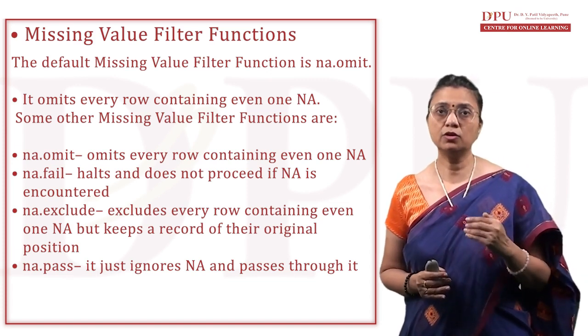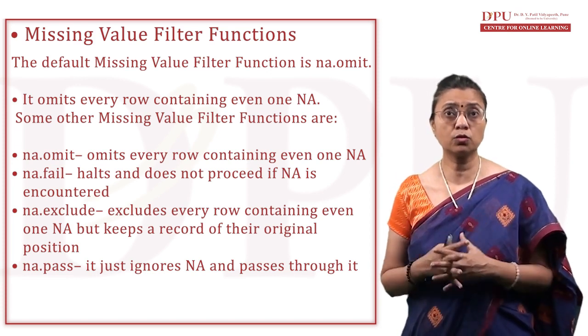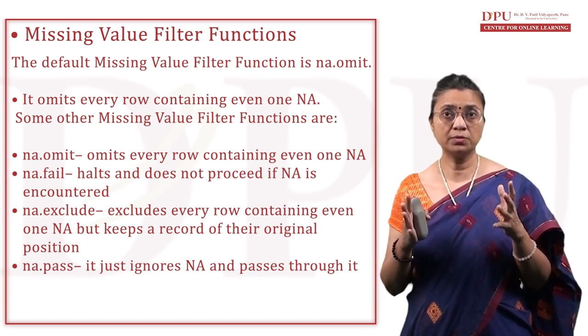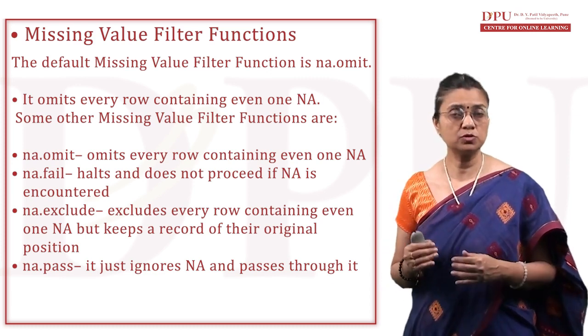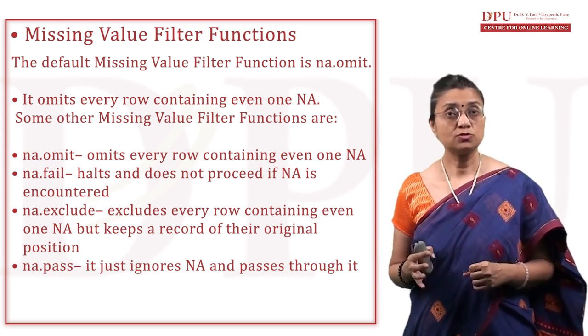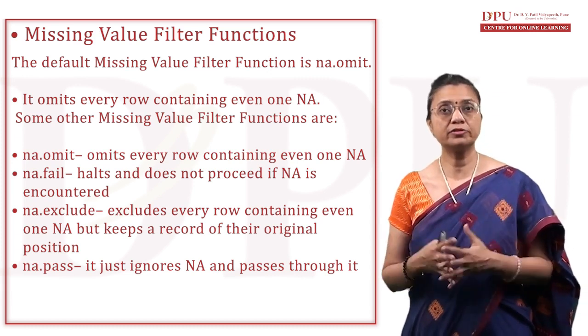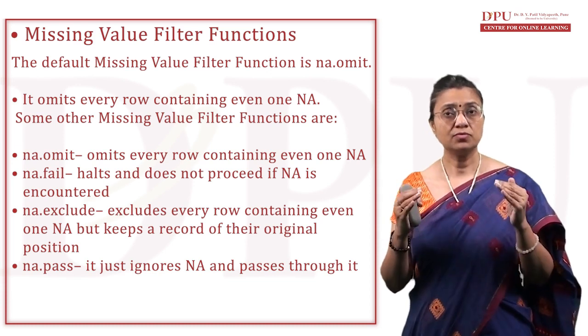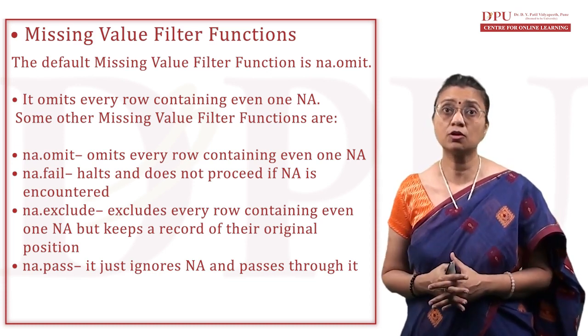But here na.exclude is excluding the rows from the data set, but it is keeping a record of which particular positions do not have the data. So this is kind of producing a little report to be referred to further, that from this data set, there are this many values not available, and at these locations, they are not available.